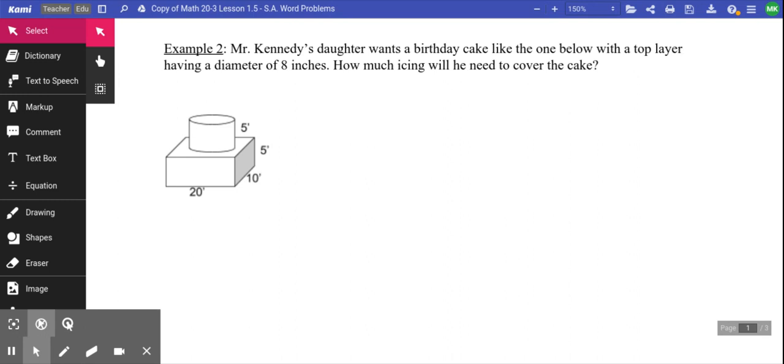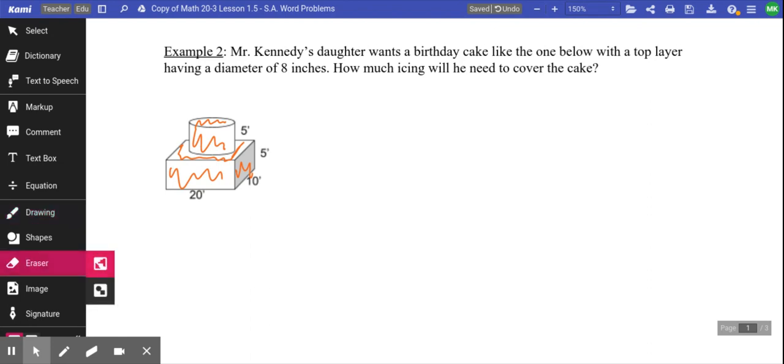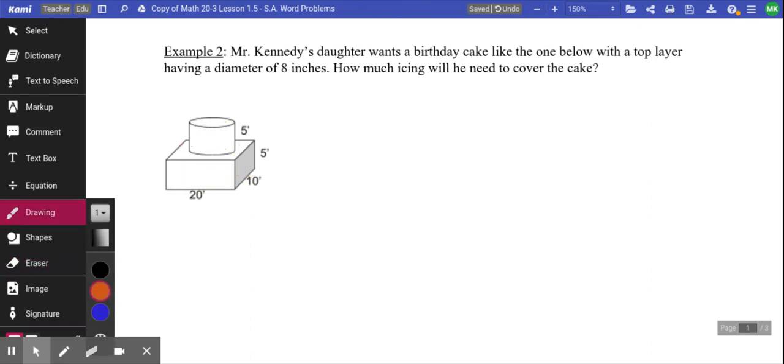You would just put that cake right on top of the other cake, and then you're only icing the outside surfaces that you can see, like around here and in here. You wouldn't ice the bottom, because then the cake slides. The point is you don't ice the bottom.